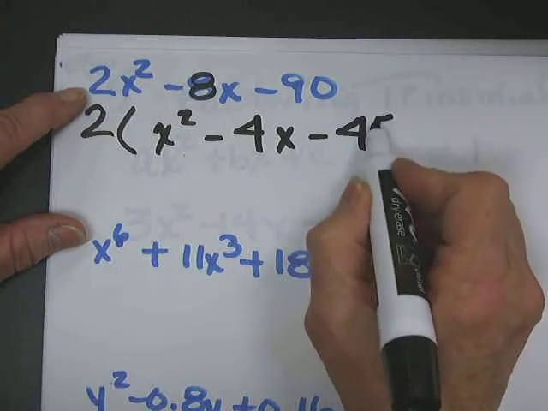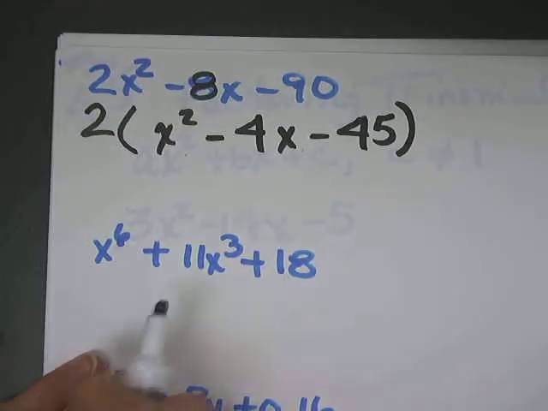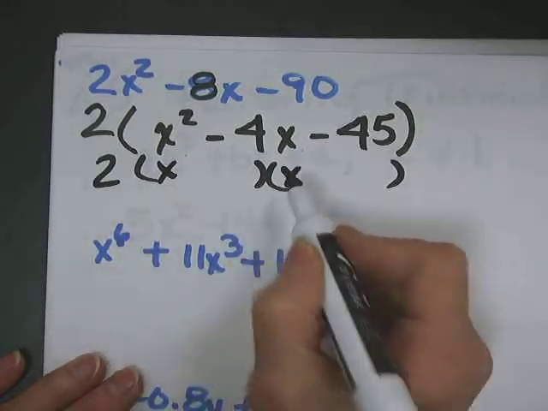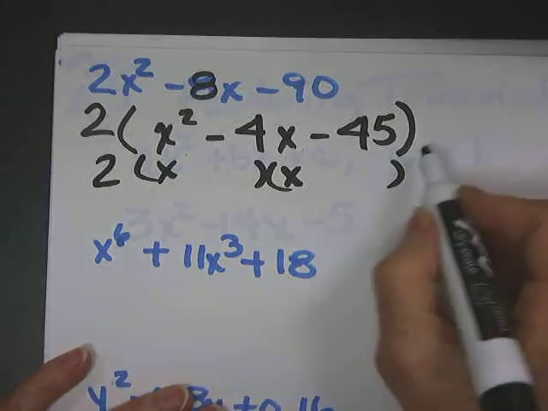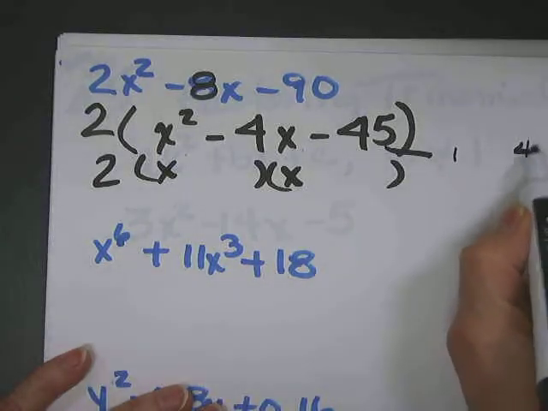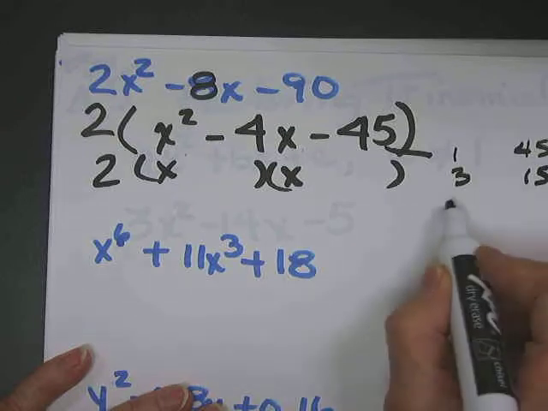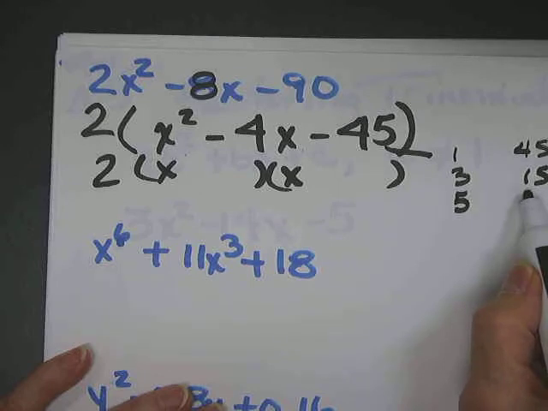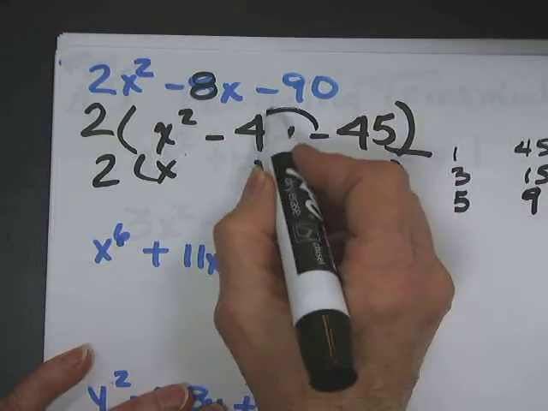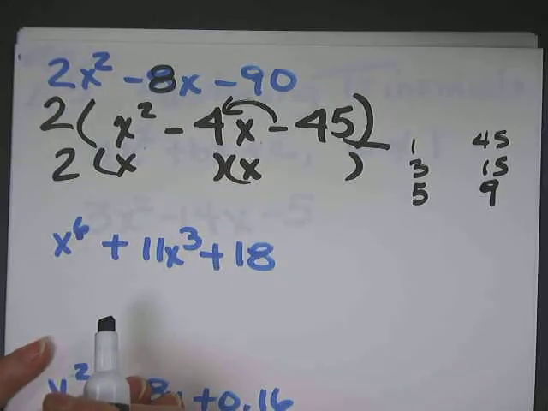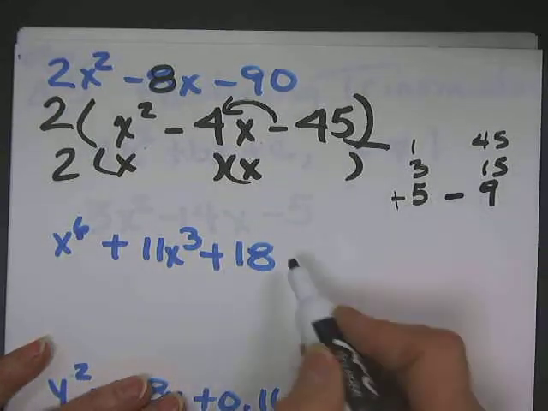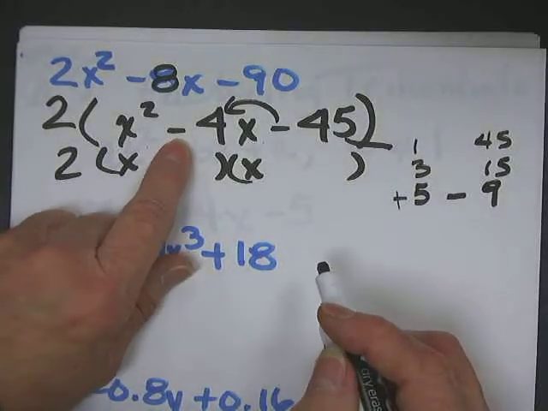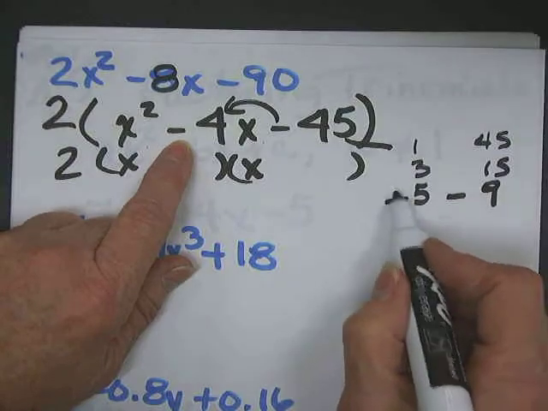Okay, so the first term, x squared minus 4x minus 45. X squared is x times x. 45 is 1 times 45, 3 times 15, or 5 times 9.